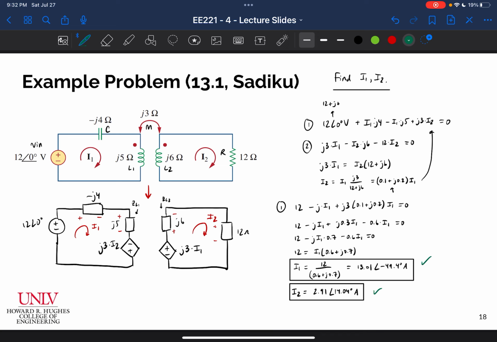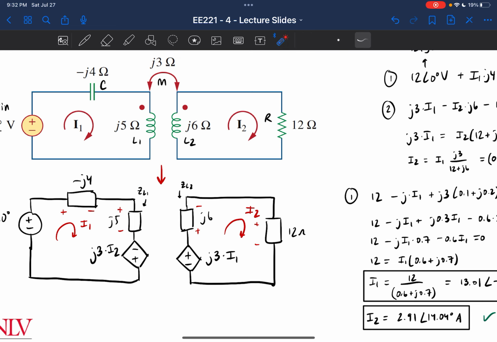Okay, again, I think that the most challenging part is converting the circuit, determining the polarities of these voltage sources, these induced voltage sources. You'll notice that in the loop with I1, the induced voltage source is dependent upon the value of I2 because this coil here is inducing a current and thereby a voltage in this other coil, in this other circuit, and vice versa over here on the side with I2.